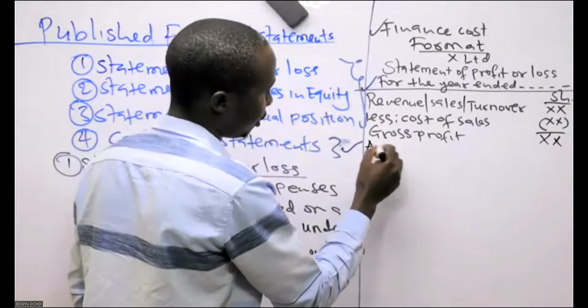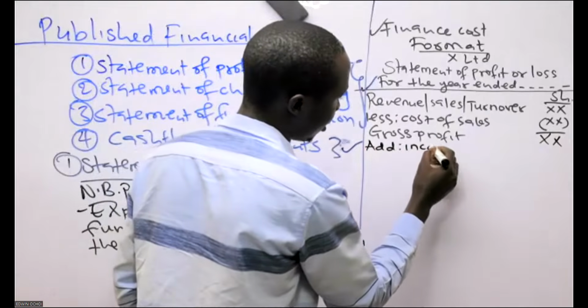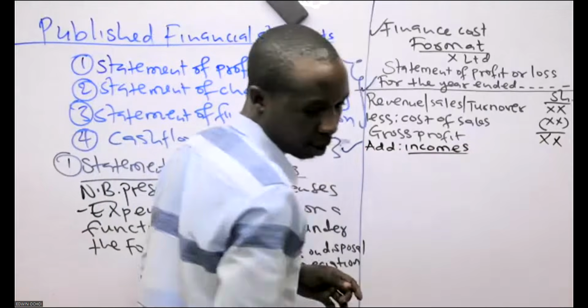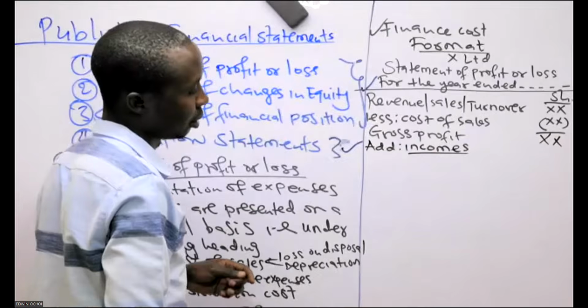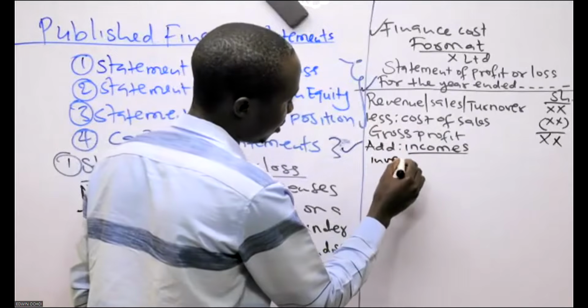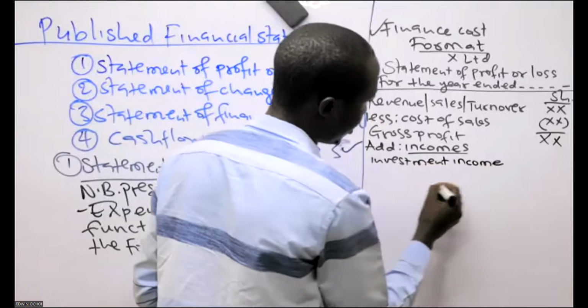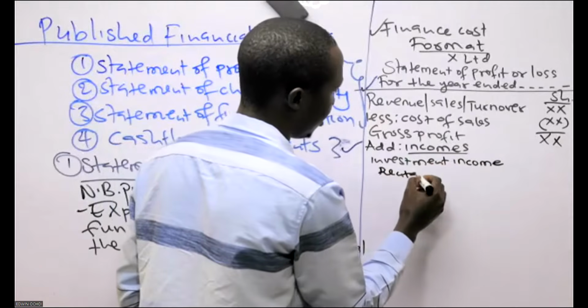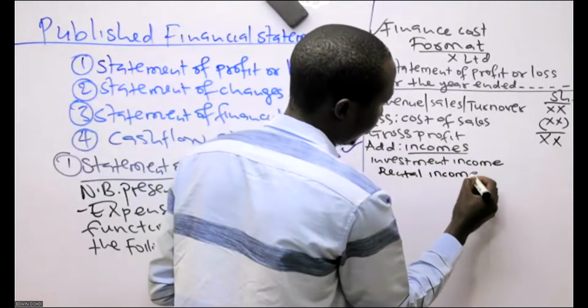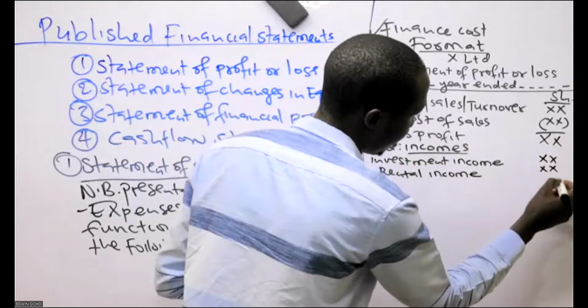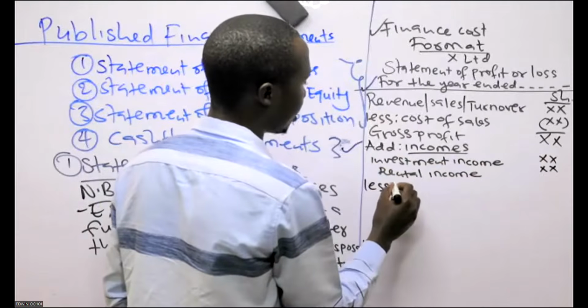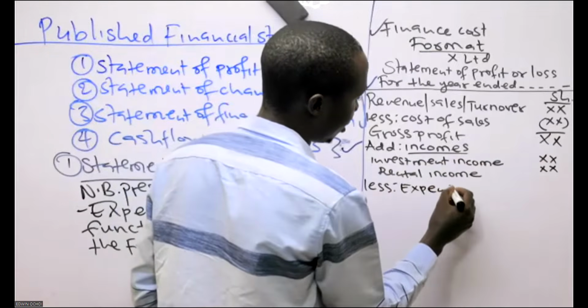Then after the gross profit, you add some incomes. For example, investment income, rental income. Remember that they can be added there. Then you raise expenses, you deduct expenses.